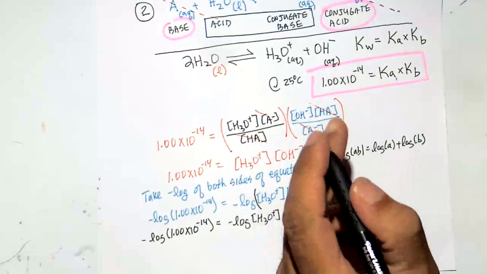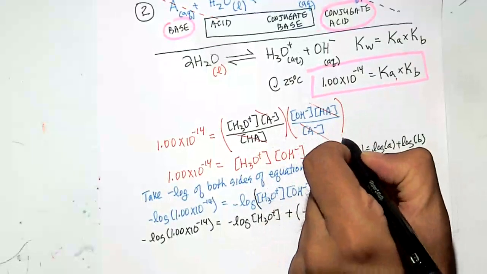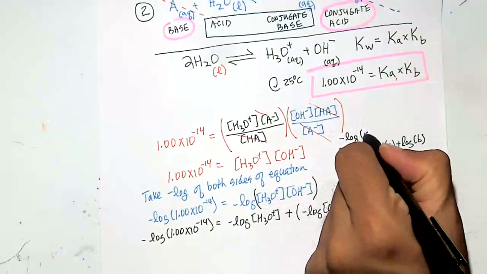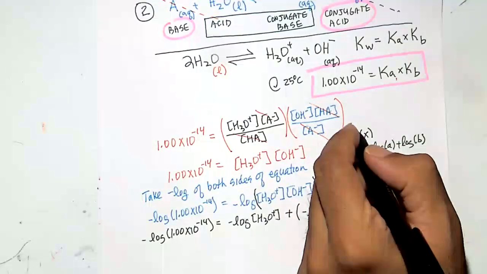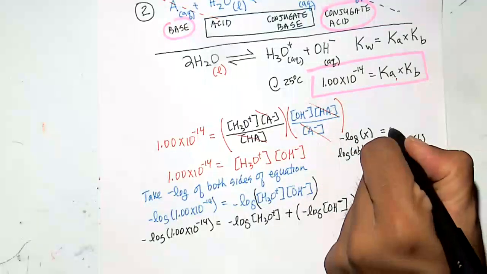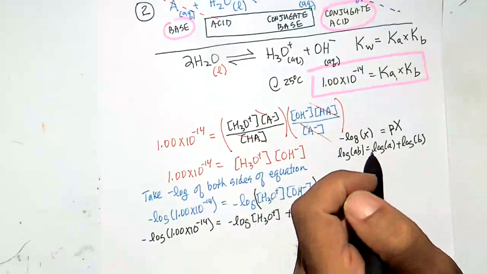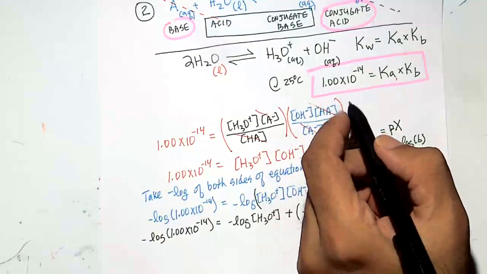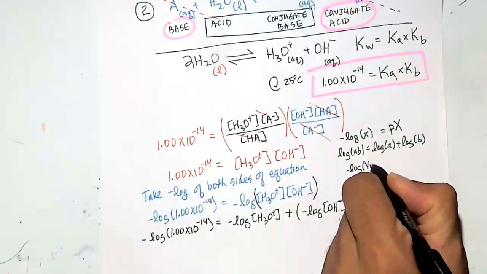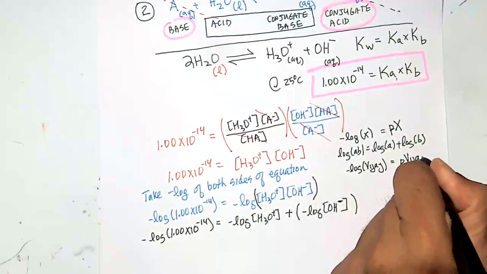Let me tell you something here that you may or may not know. If you take the minus log of anything, that's called power. Minus log of x is actually p of x. That p stands for power. You can do minus log of my name, and that's p of my name, power.